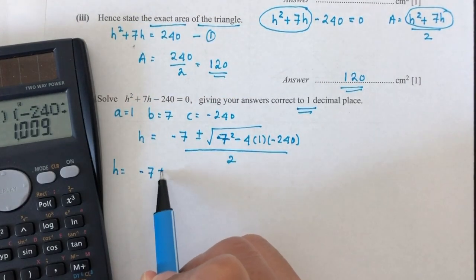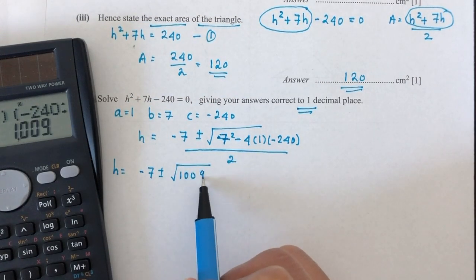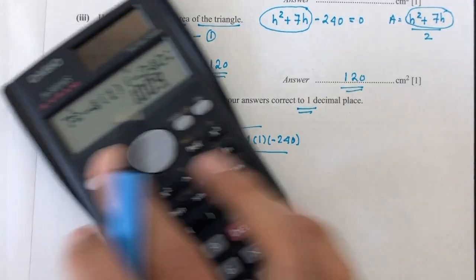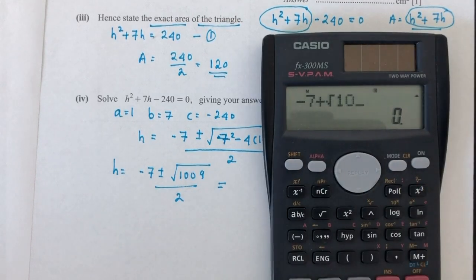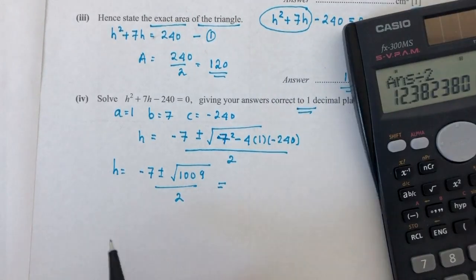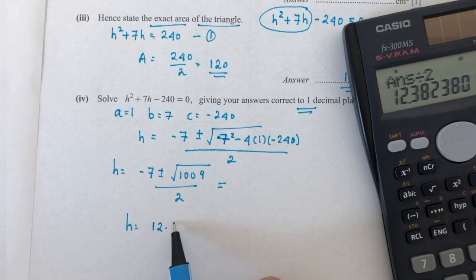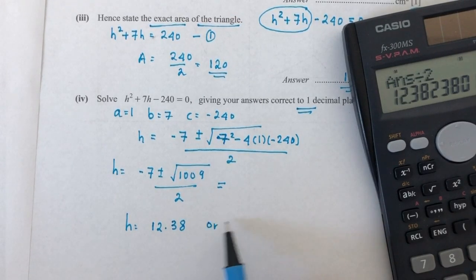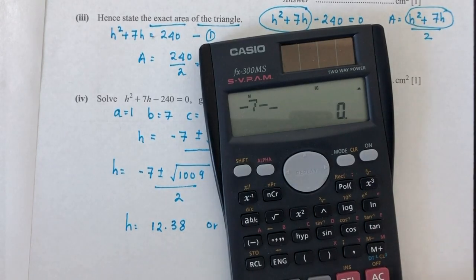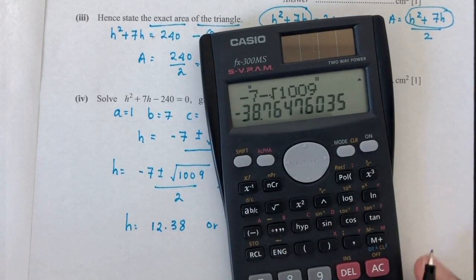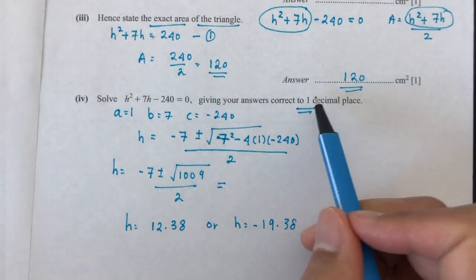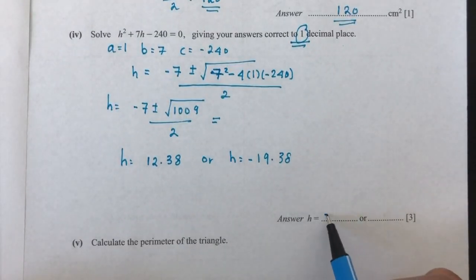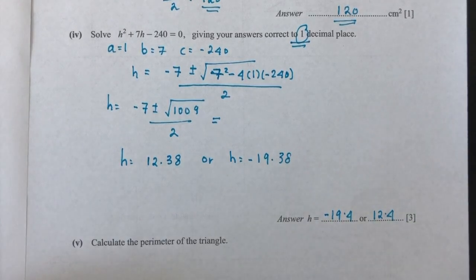So minus 7 plus or minus square root of 1009, over 2. For the first value, we take the plus, that will be minus 7 plus square root of 1009 divided by 2. So h can be 12.38, or the negative value, minus 7 minus square root of 1009 divided by 2, minus 19.38. The answer needs to be correct to 1 dp, so it can be minus 19.4 or it can be 12.4. That's your answer for part 4.